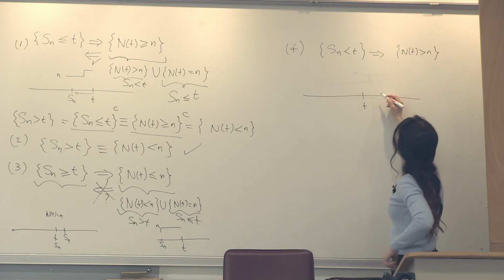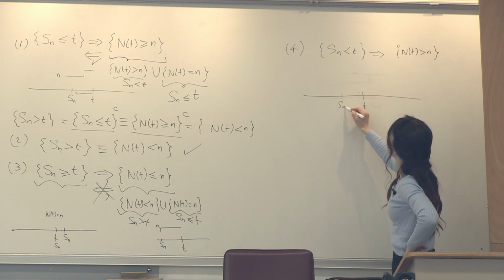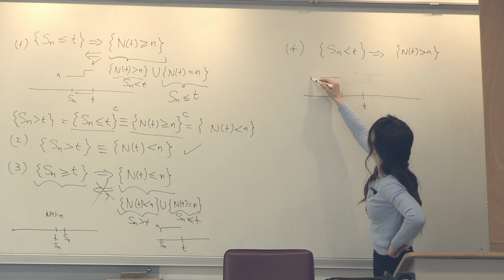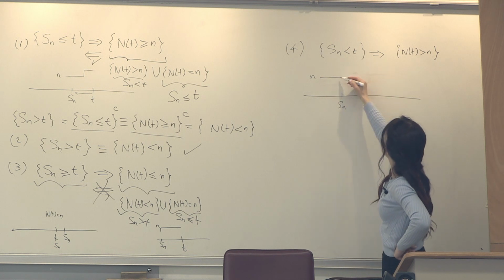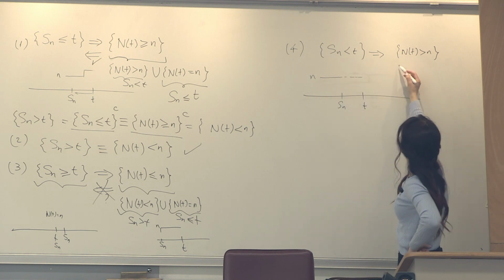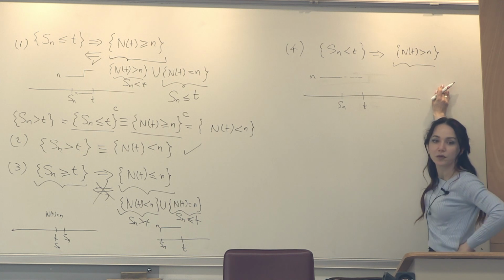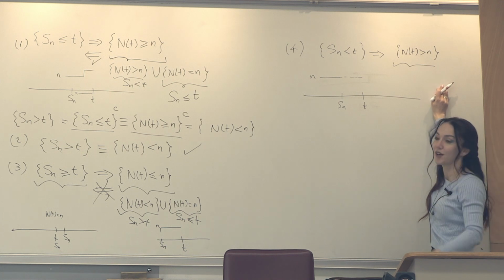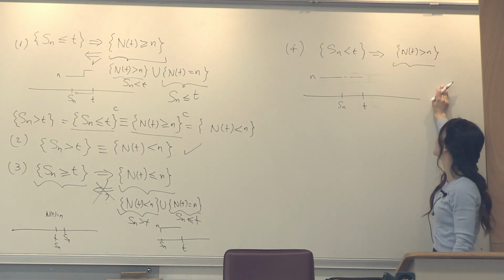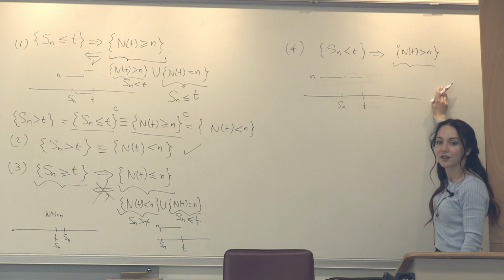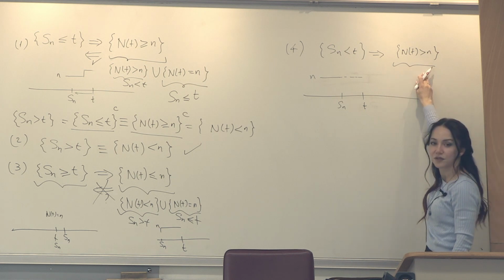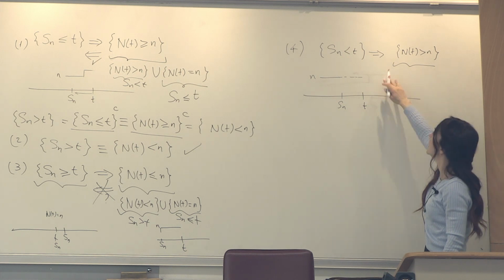Sn is before t. So clearly, the level n has been reached. So basically, at time t, the number is larger or equal to n. I said larger or equal. So then this is not true then.